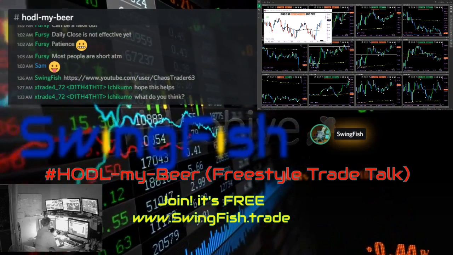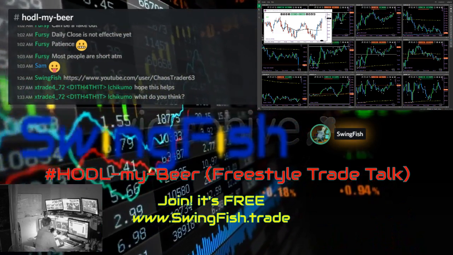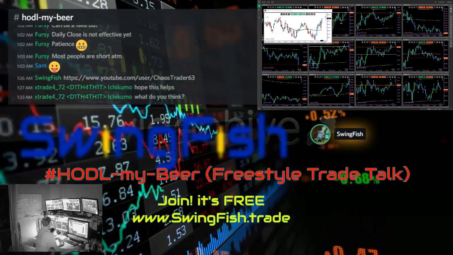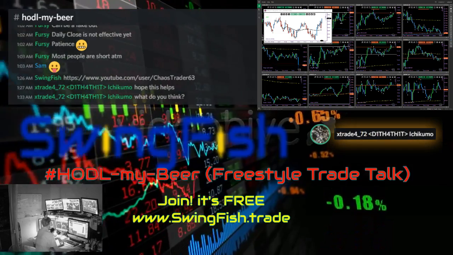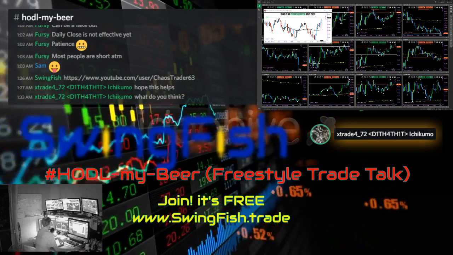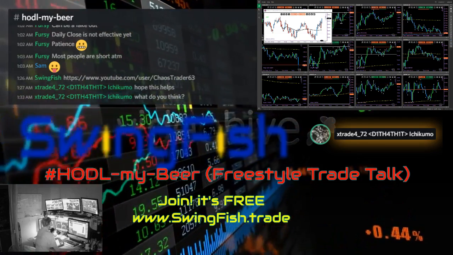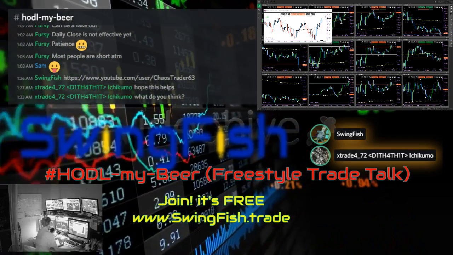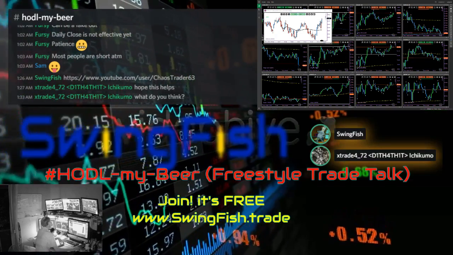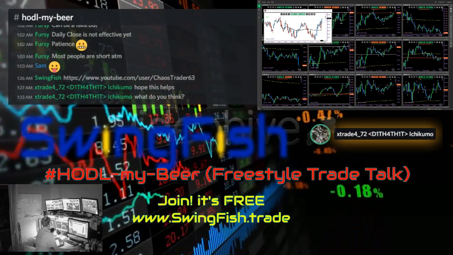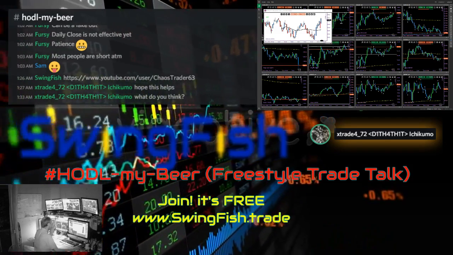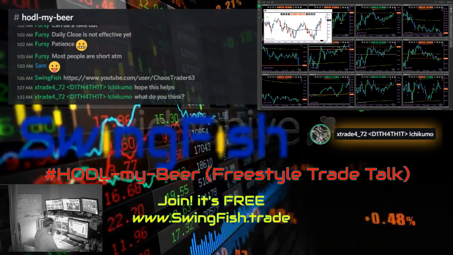Well, the Tenkan-sen crossing did happen already outside the cloud, actually already on the first candle. To be honest with you, I don't pay attention to that one because that's always late. For that, the red and blue line, right? Yeah, but they did cross already on the first. I know. On the first candle. I know. But for me, I don't pay attention. I can delete that from the Ichimoku settings.